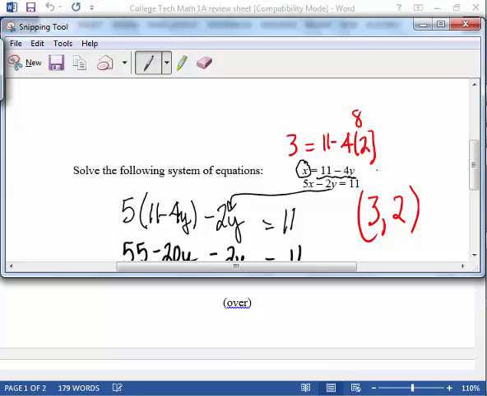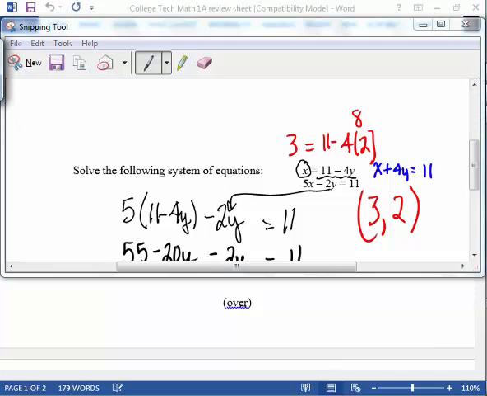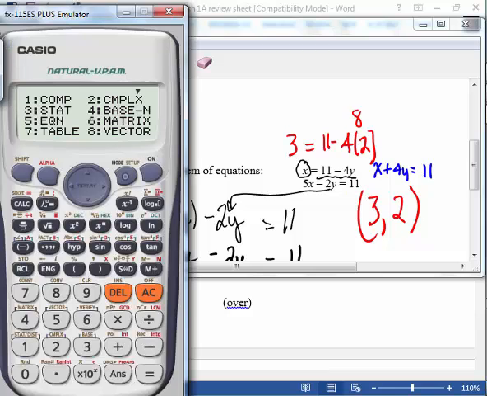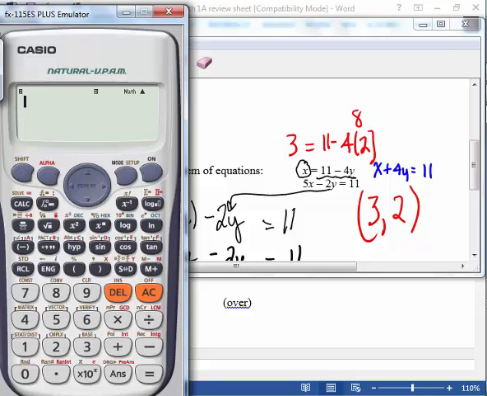We could also solve this as a system by saying this first equation is equivalent to x plus 4y equals 11, and then we can use the calculator.